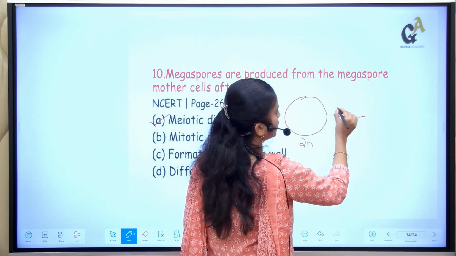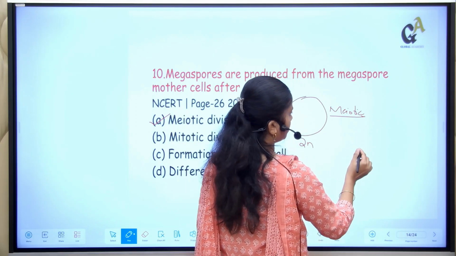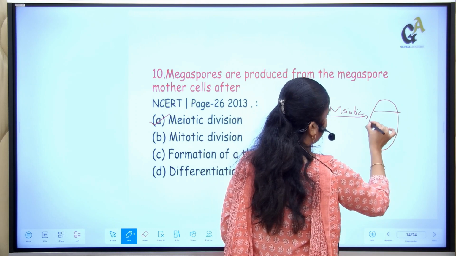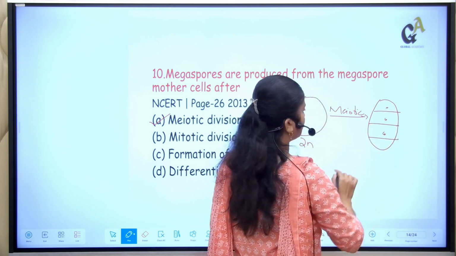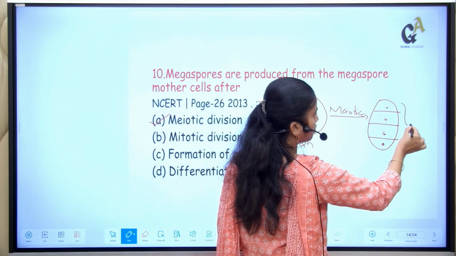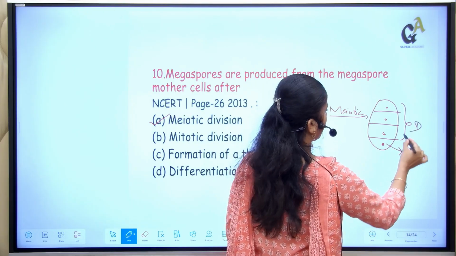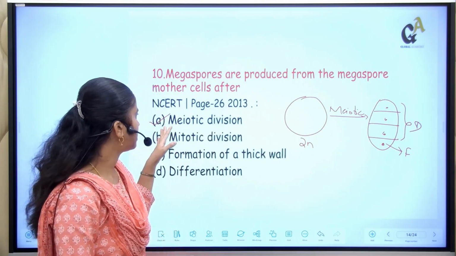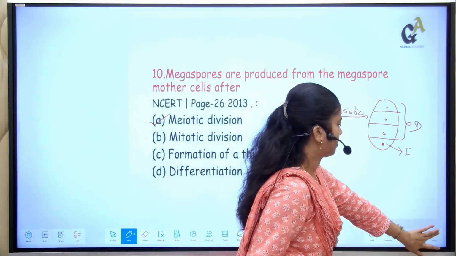It undergoes the first meiotic division and produces 4 haploid cells, among which 3 degenerate and only 1 will be functional. So the megaspores are produced from the megaspore mother cell only after the meiotic division.